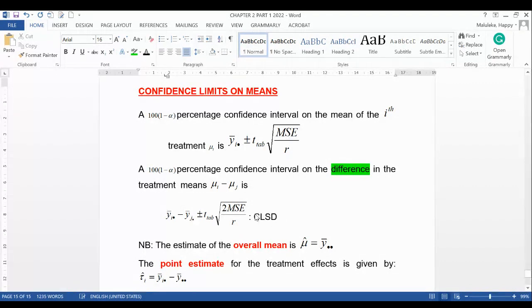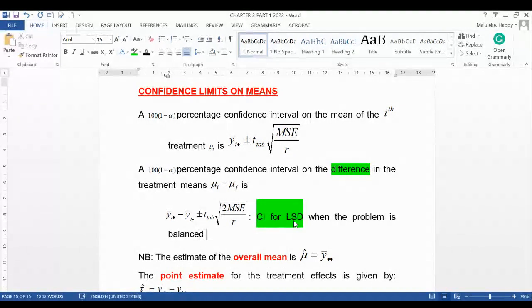Confidence interval for LSD. So this one is the confidence interval for LSD when the problem is balanced. So if the problem is balanced, you can use this formula.